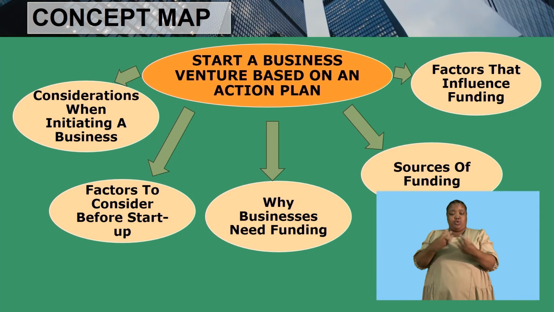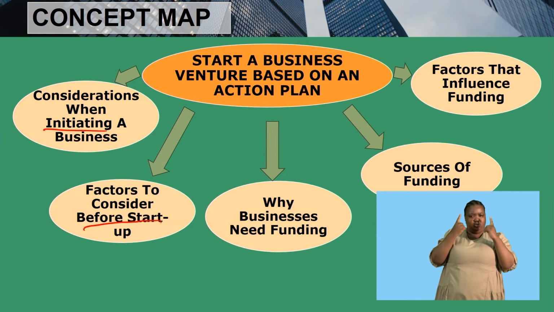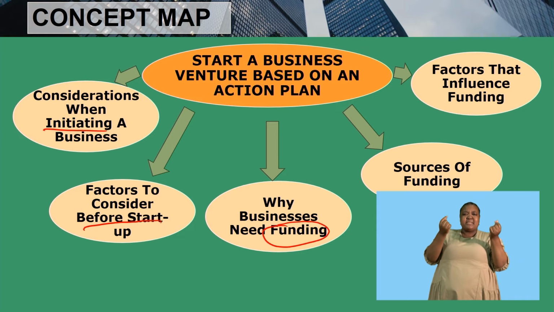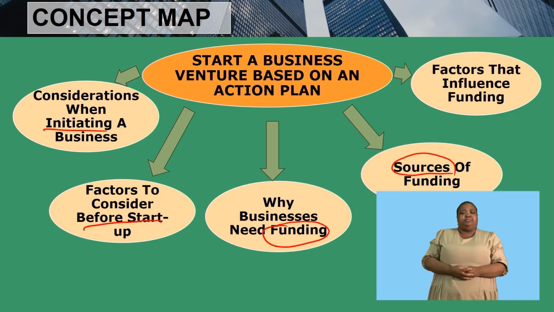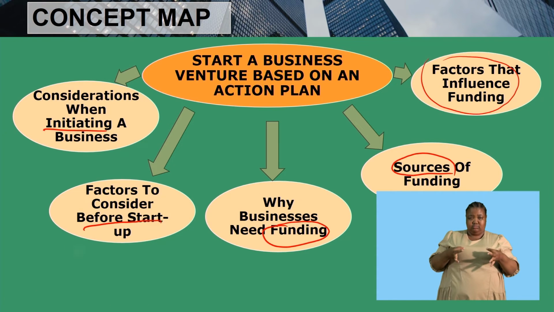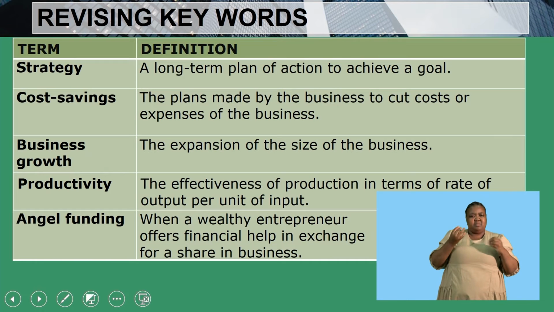In order for us to do that, we need to know the factors to consider when initiating and before starting a business. We then need to consider funding. How are we going to get the money to start the business, and where are we going to get the money? And then, what will influence the choices that we make in order to get that funding?